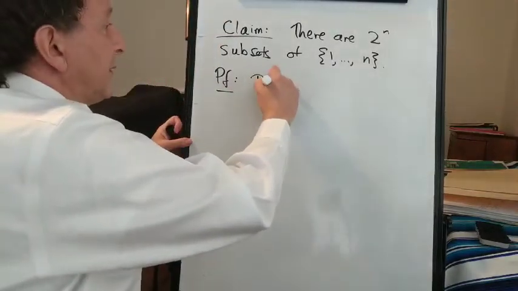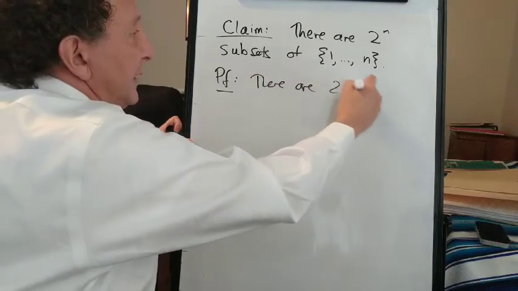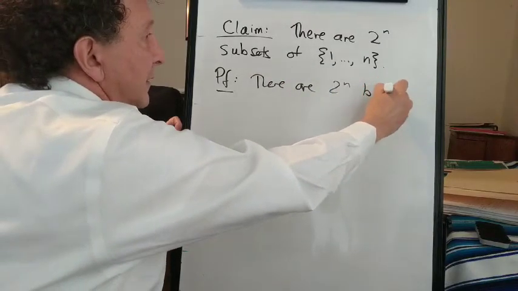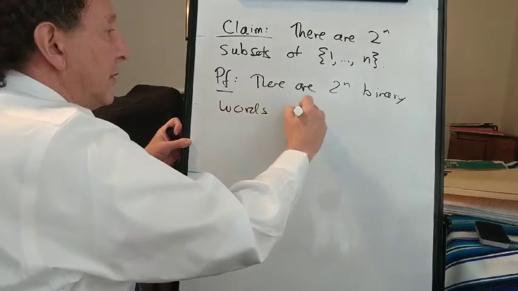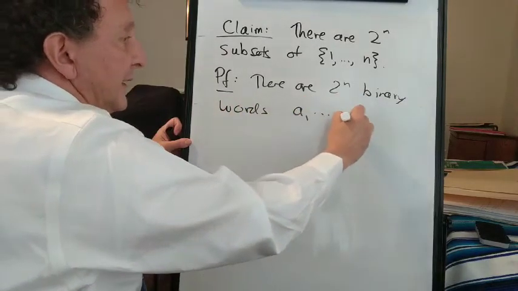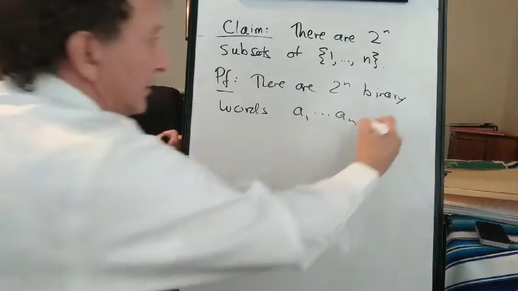The proof is that there are 2 to the n binary words, A1 through AN, so n-letter binary words.